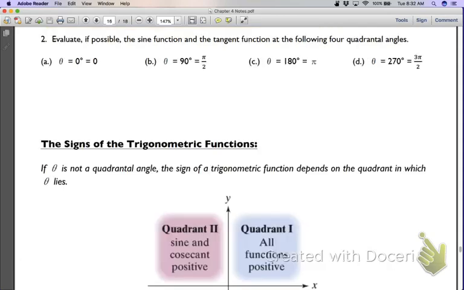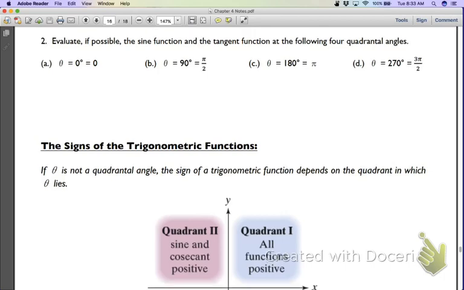So then again, what happens? It says evaluate if possible the sine function and the tangent function of the following four quadrant angles. So basically if you land on the axis, again, this is all stuff that we've talked about before. Remember, sine is your y value, tangent is y over x. So as far as where you have everything, if you're at 0, what point on my graph am I?